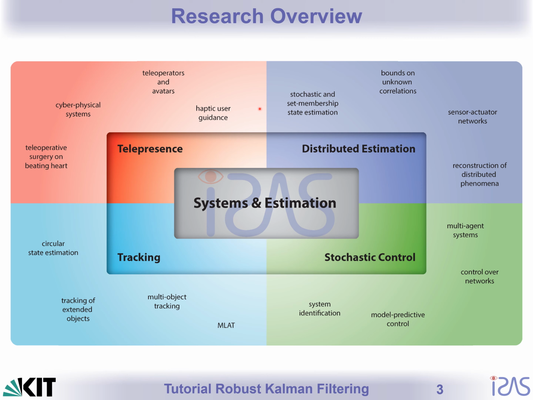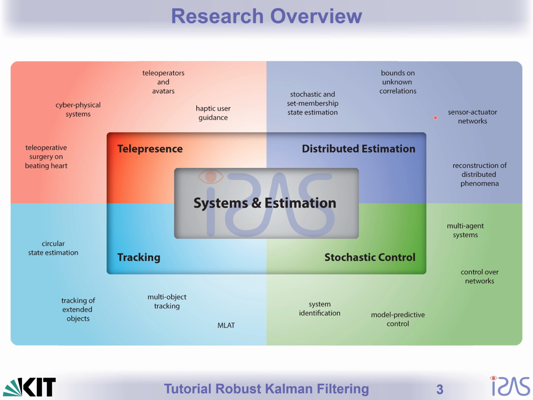So what we're dealing with in this topic is we have it in distributed estimation too. It's not really just limited to distributed estimation. In distributed estimation, we have reconstruction of distributed phenomena. We're dealing especially with sensor actuator networks.